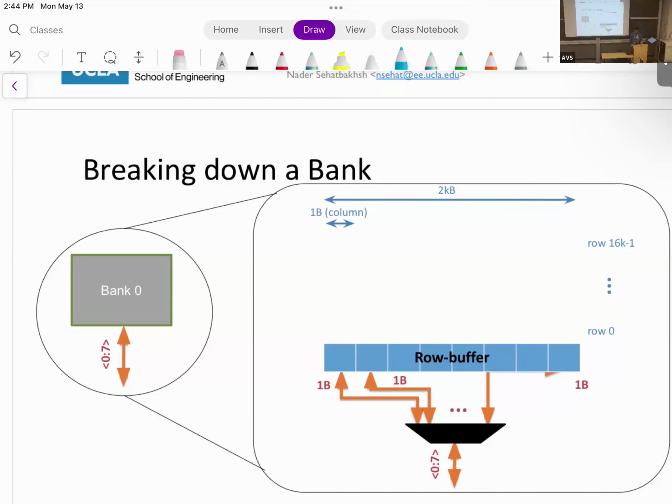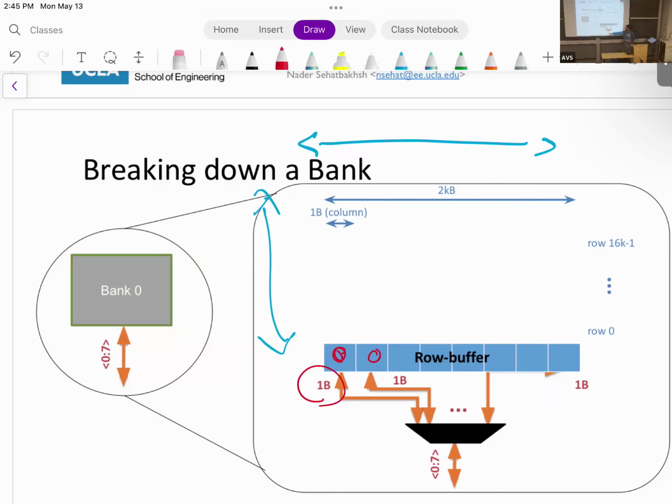Okay, so within the bank, we have rows and columns. The big thing about DRAM is this thing called the row buffer. When we are actually reading a row, we put it into a buffer called the row buffer. The row buffer is typically really big. We usually have 2K bytes; the regular size of a row buffer is that. Each block in this row buffer, each column, you can think about as 1 byte.